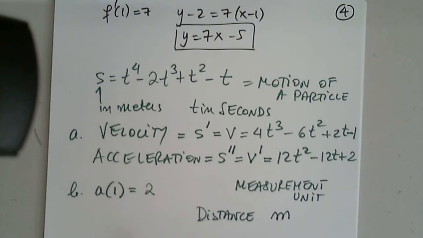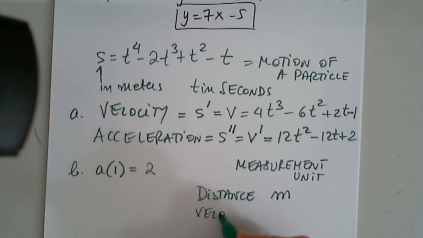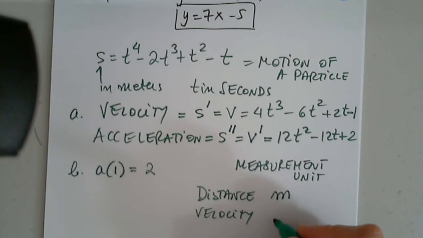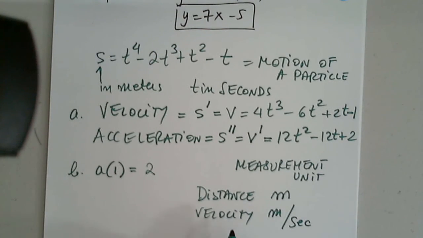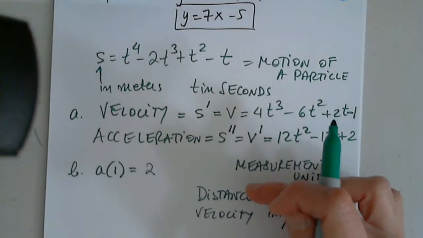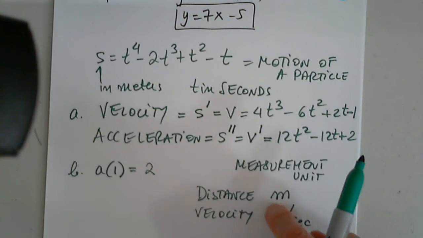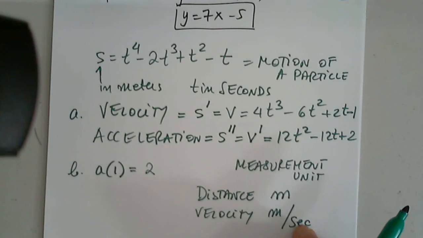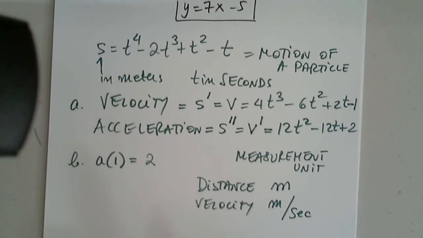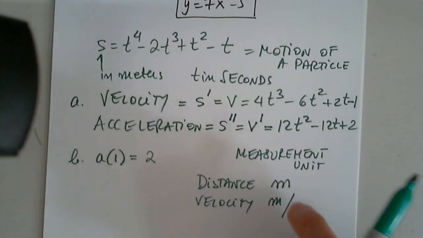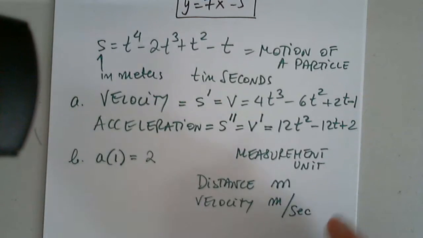Velocity in meters per second, thank you, is always a ratio, right? Because the velocity is the rate of change of distance with respect to time. I'm not going to say to you that I'm driving at 40 miles, but I'm going to say I'm driving at 40 miles per hour. It's a rate of change of distance with respect to time.